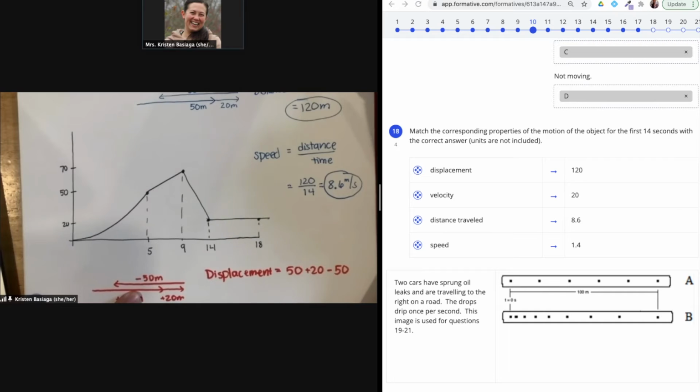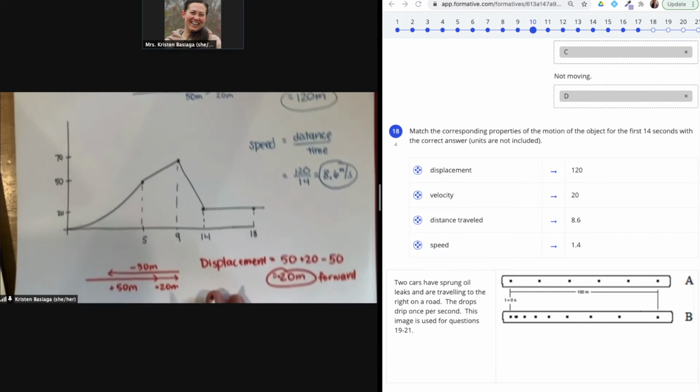Now that it's displacement, objects that are moving backwards have negative directions, making the displacement in this case 20 meters forward. So put a little positive sign there, forward. Finally, the velocity then.